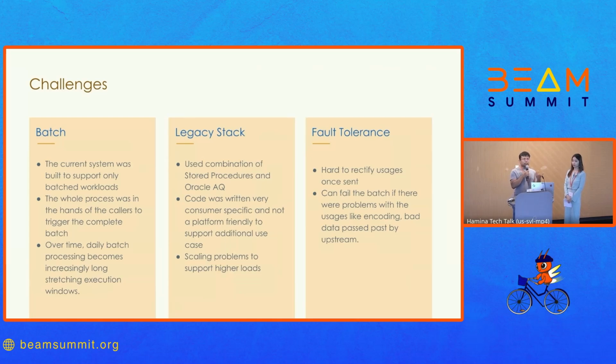There are situations where a customer may complain that they don't like these usages, that something is wrong, or there's some system issue which doesn't allow us to process these usages correctly, so we need to send them rectification events. These things are hard to do in this architecture, and sometimes these batches fail. When they fail due to encoding issues or bad data, you have to restart the batch and figure out the time. There is a lot of toil involved in these systems.